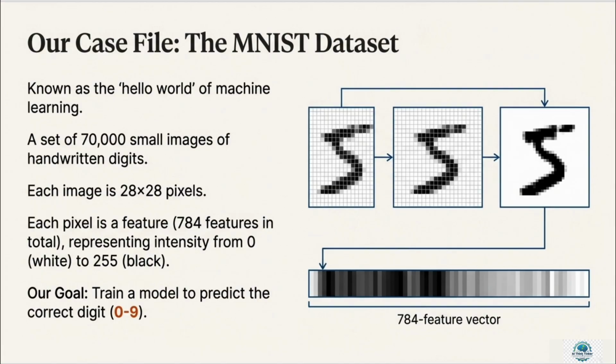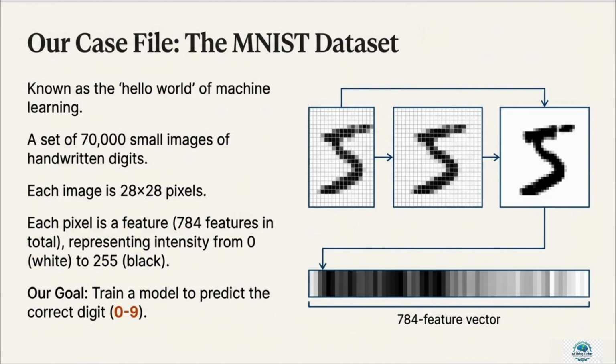Each image is a tiny grayscale square, 28 pixels high by 28 pixels wide. When we flatten this grid out, we get a vector of 784 features. Each feature represents the intensity of a single pixel, ranging from 0, which is white, to 255, which is pitch black.